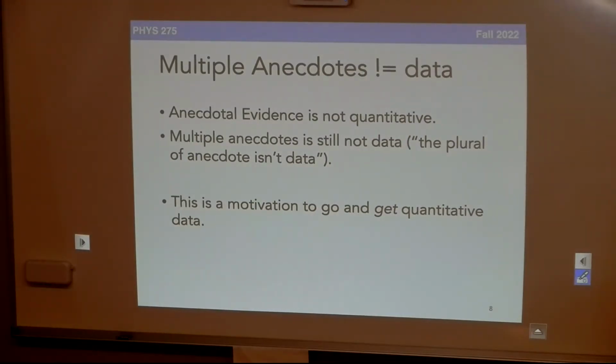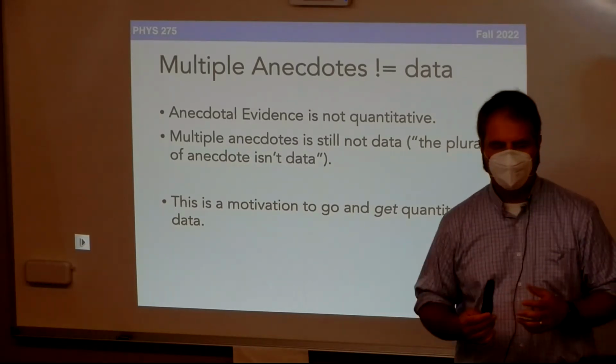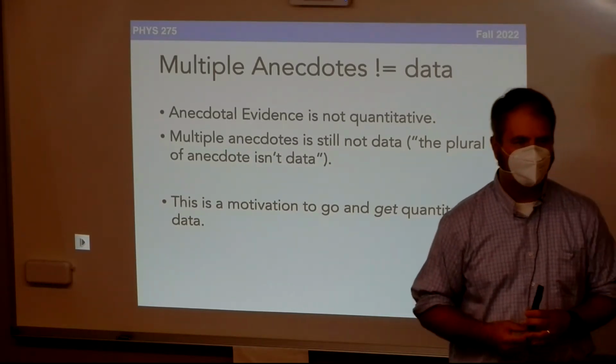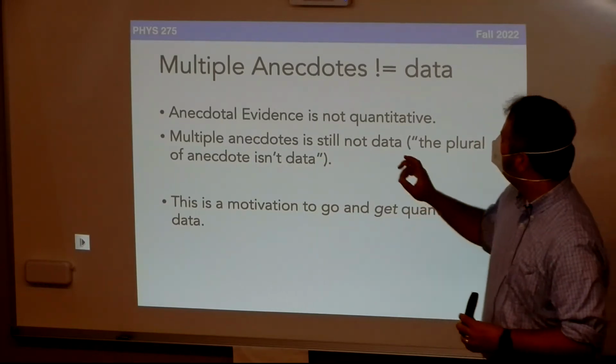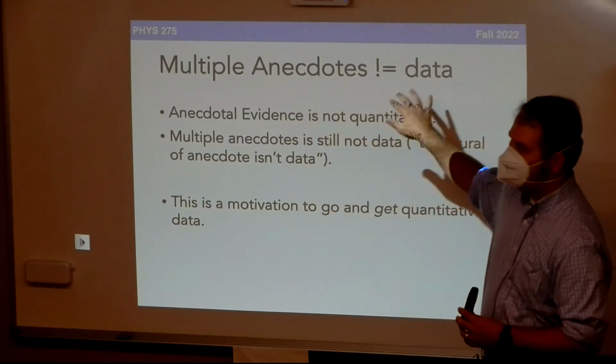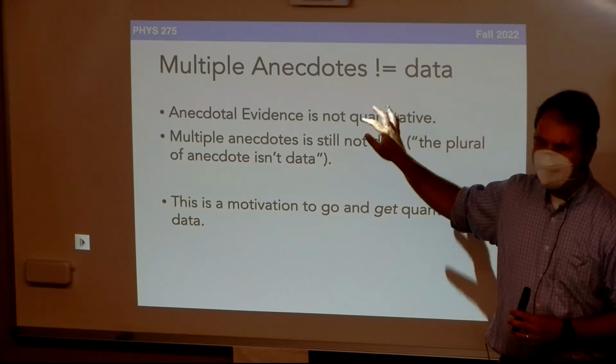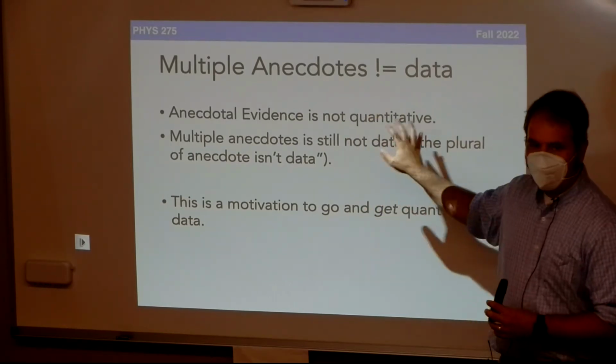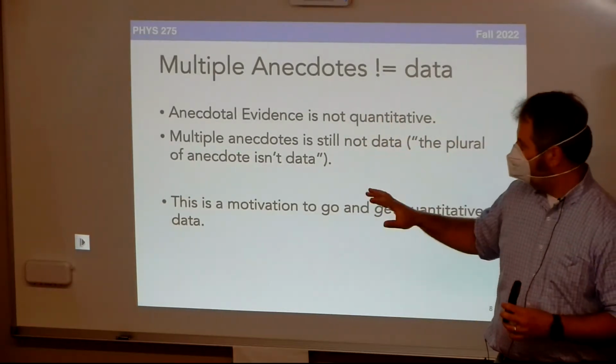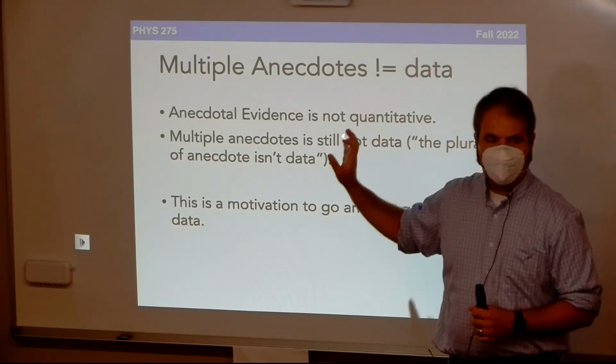Here's a trap that is very easy to fall into, and even trained scientists will do it, especially on Twitter. Multiple anecdotes isn't equal to data. Anecdotal evidence is not quantitative, and there's survivor bias. There's a lot of survivor bias, right?